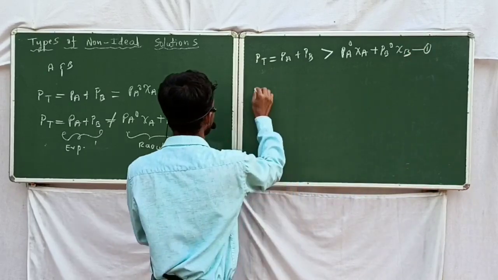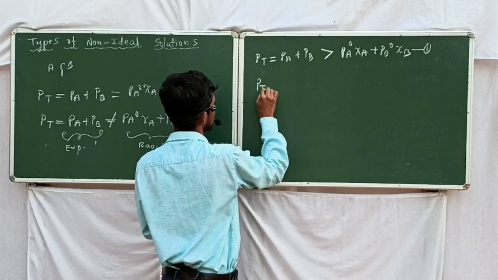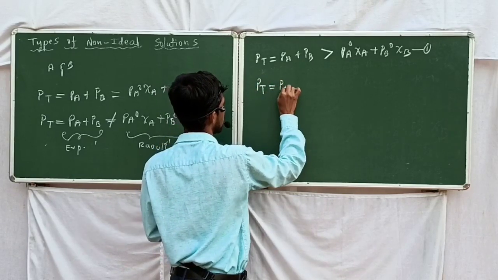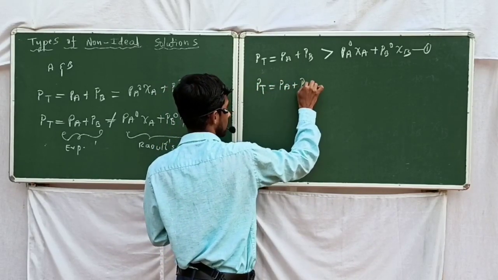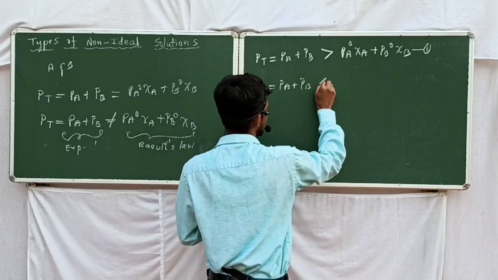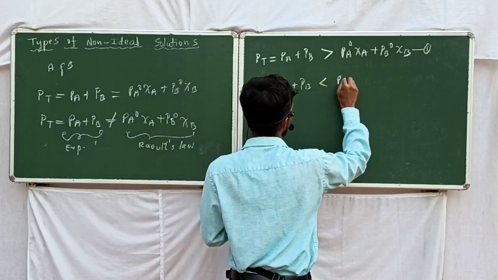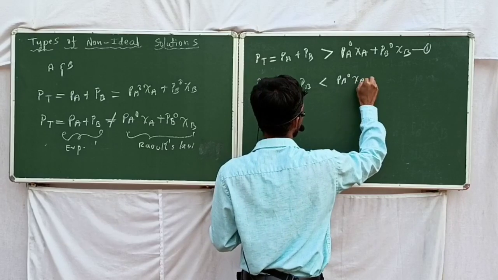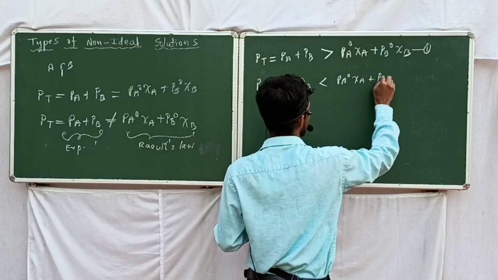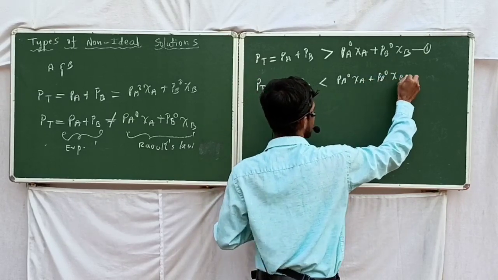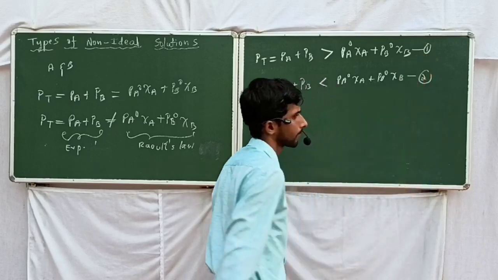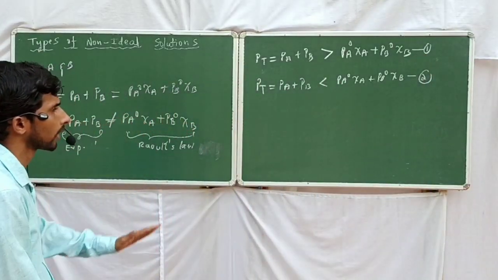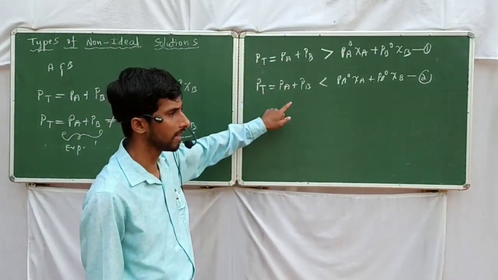Or the second condition, the vapor pressure of the solution, PA plus PB, is less than PA naught into xi A plus PB naught into xi B. These are the two conditions.